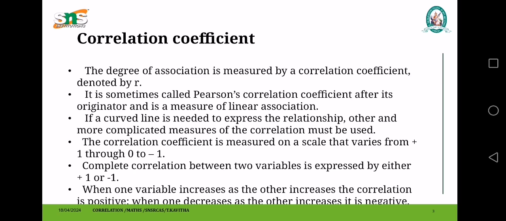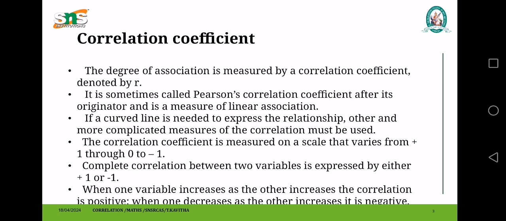Correlation coefficient. The degree of association is measured by the correlation coefficient, denoted by r or gamma. It is sometimes called Pearson's correlation coefficient after its originator and is a measure of linear association. If a curved line is needed to express the relationship, other and more complicated measures of the correlation must be used.